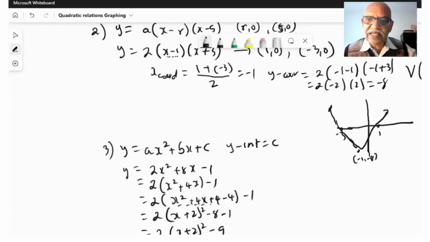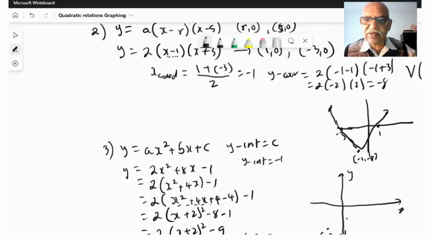So let's visualize now another point. So the graph, I have at least 2 points here. The vertex is the most important one. The vertex is (negative 2, negative 9). Let's say it's here. And then I have the y-intercept. Y-intercept is negative 1, because the y-intercept is the c value.